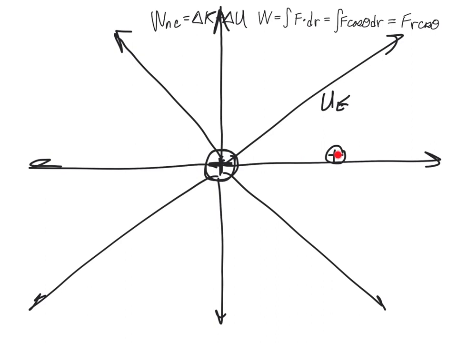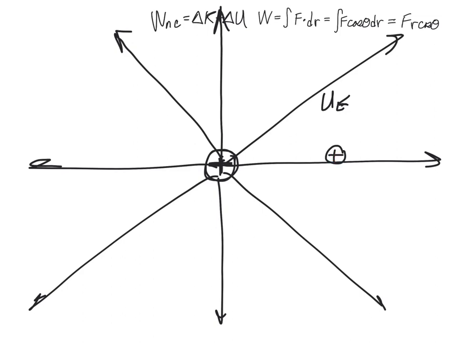Increase, right? And if I move it further from the charge, it'll decrease. And if I move it really far away from the charge, there'll be essentially no electric potential energy. Right? It gets less and less, and once it's a certain distance away, it might as well be zero.